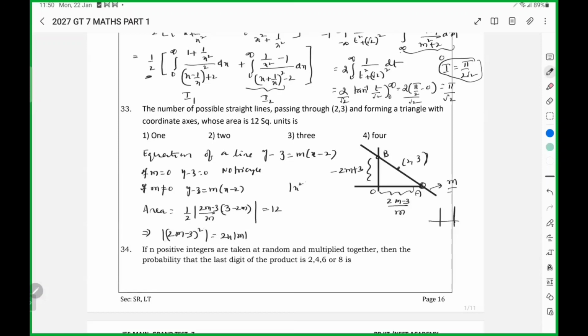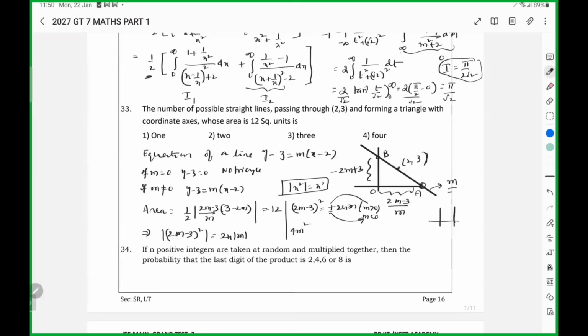Mod of x square can be written as x square. So I can write 2m minus 3 whole square equals plus 24m when m is greater than 0, and minus 24m when m is less than 0. Plus is related to this, minus is related to this.